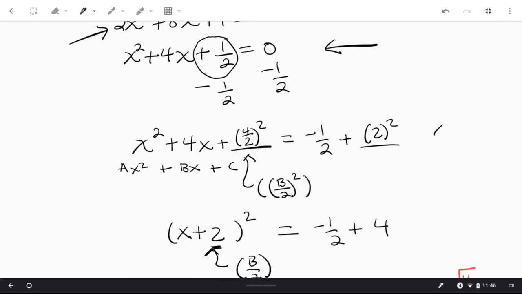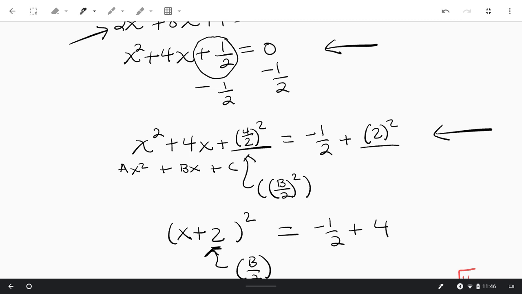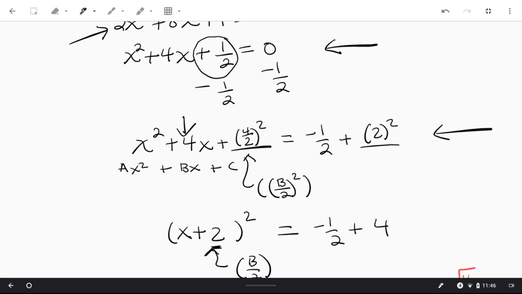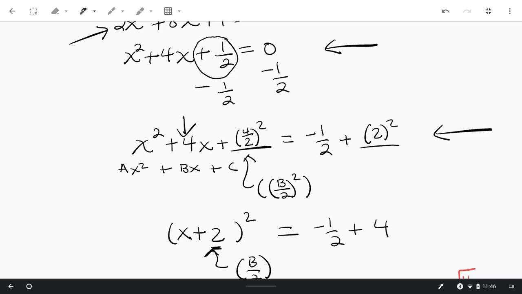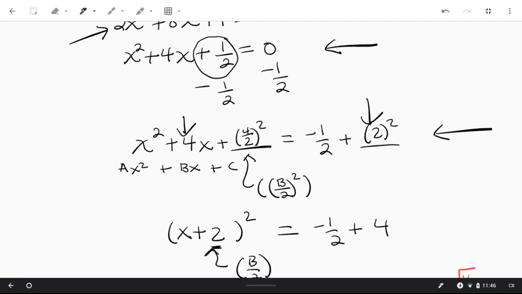And then in this step over here, we find a nice new third term. And we do that by taking half of this number, half of b, and squaring it. So 4 divided by 2 and squaring it. 4 divided by 2 is 2, which is why it says 2 here and 4 divided by 2 over here. Okay.